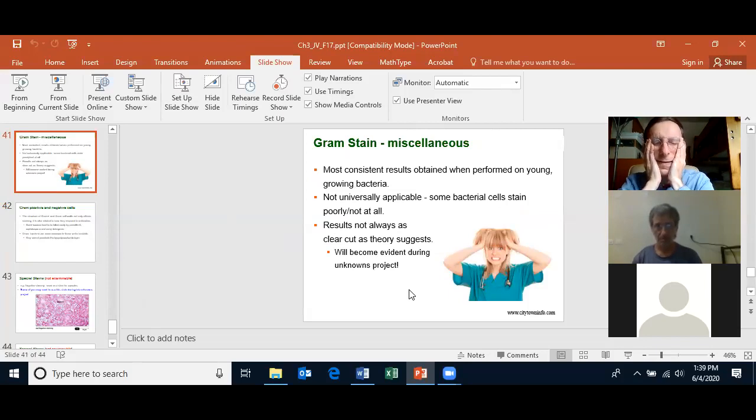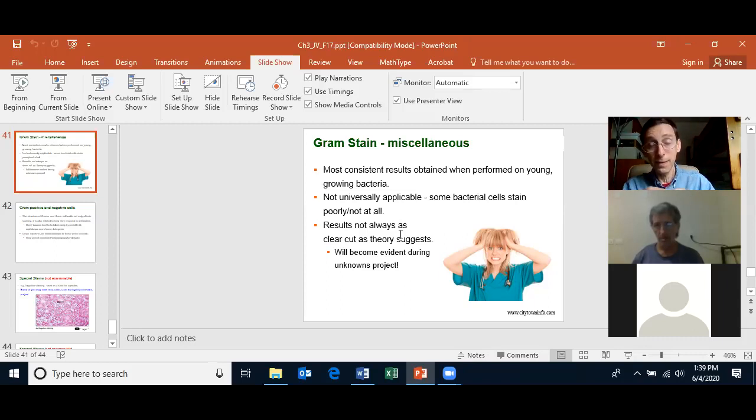The cells that stain poorly or not at all tend to be rod-shaped cells, and they tend to have mycolic acid in them. The mycolic acid is a lipid in the cell wall, and there's a lot of it, which puts a bunch of lipid around the cell wall.